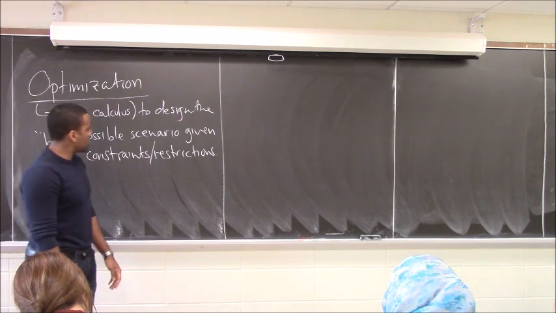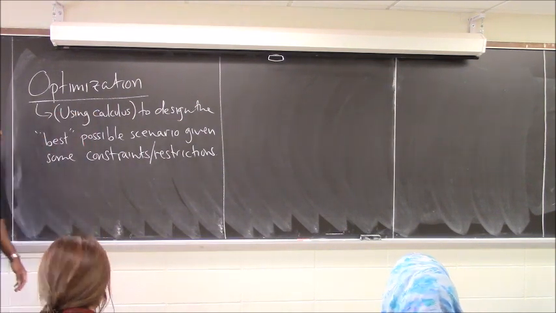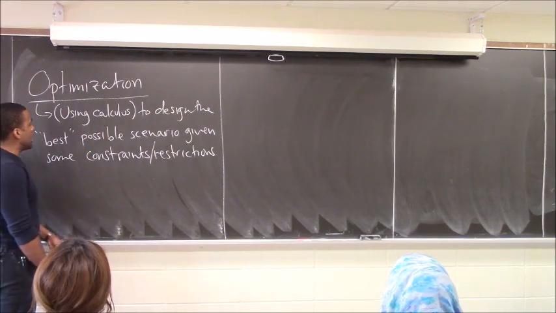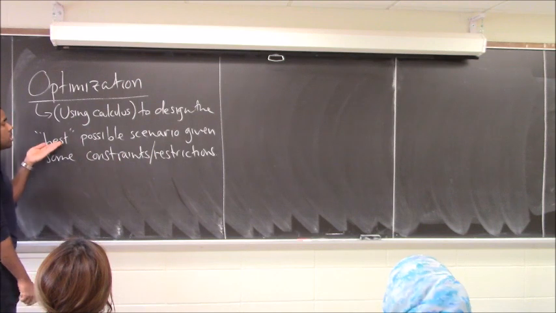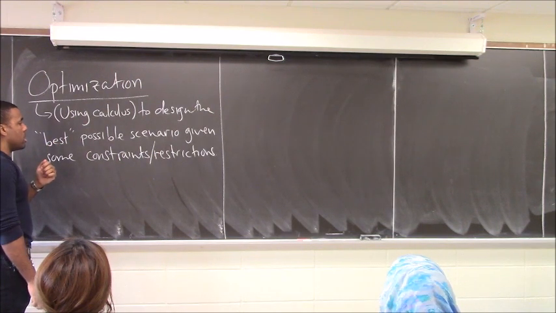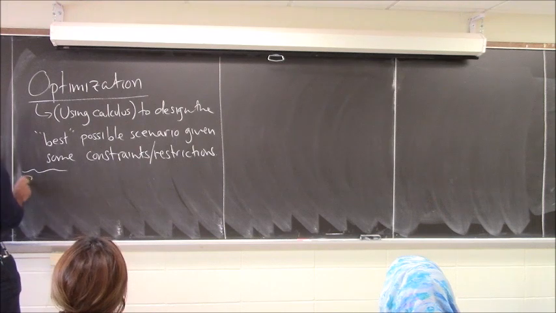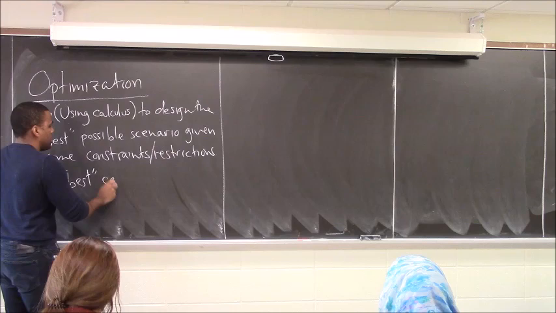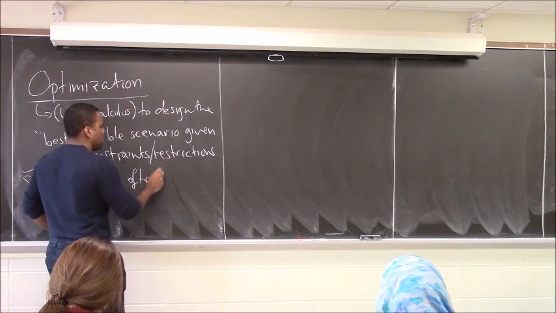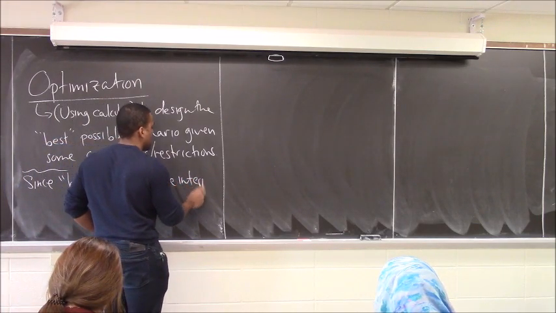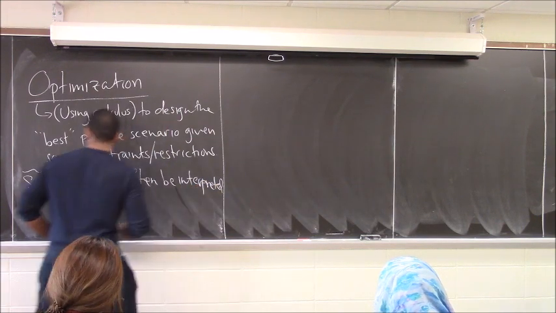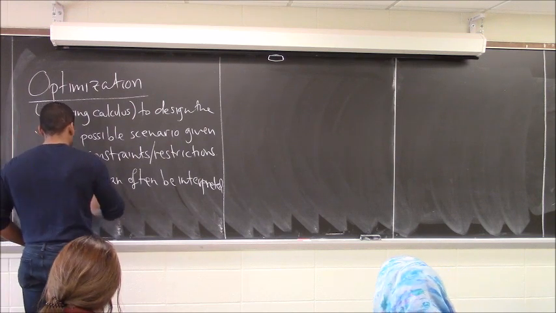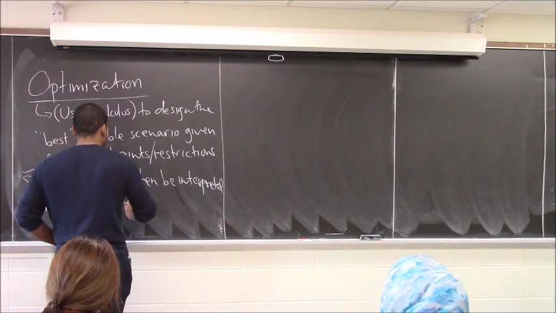So if you want to make something as good as it can possibly be, one possibility to figure out what would give you the best outcome is to use calculus, and that is because best can often be interpreted, it turns out, in terms of maximums and minimums.